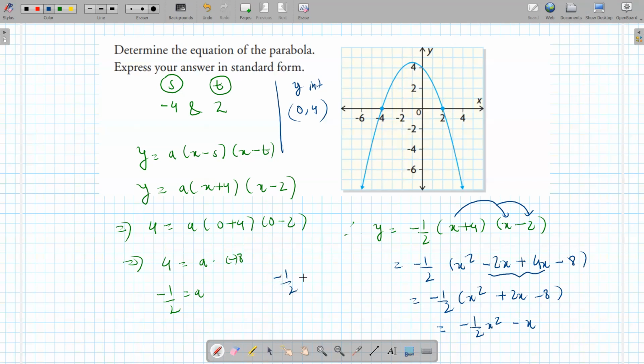Remember the 8 is negative, over 2. Yeah, the negative cancels out and 8 over 2 is a 4. So there you go. That's the equation. Final answer in standard form.